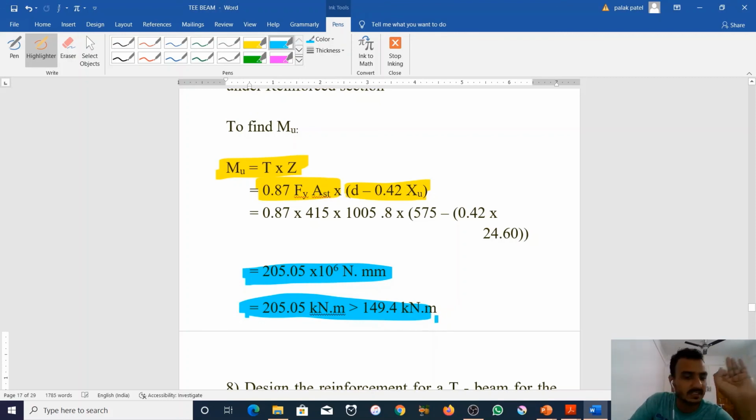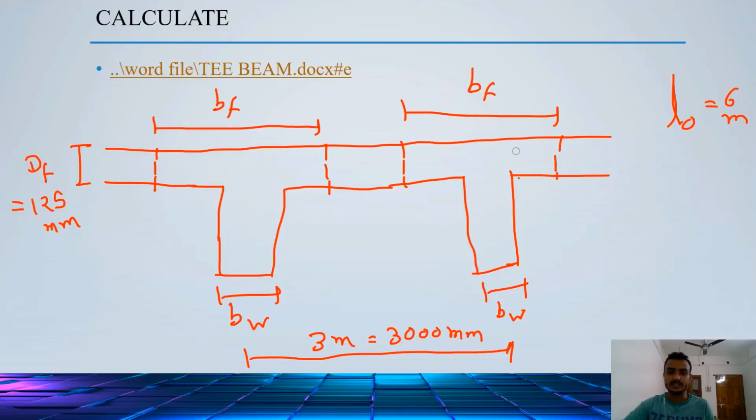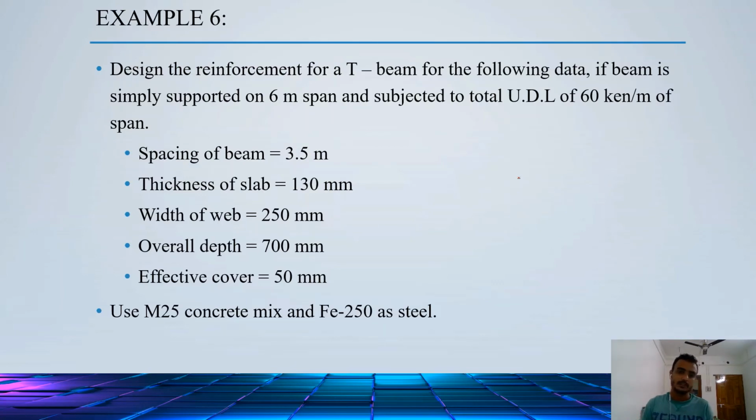So our design is safe. Look at here, we applied a load of 149.4, but our beam can carry 205.05 kilonewton meter moment. Okay, your beam design is safe. The design is completed.